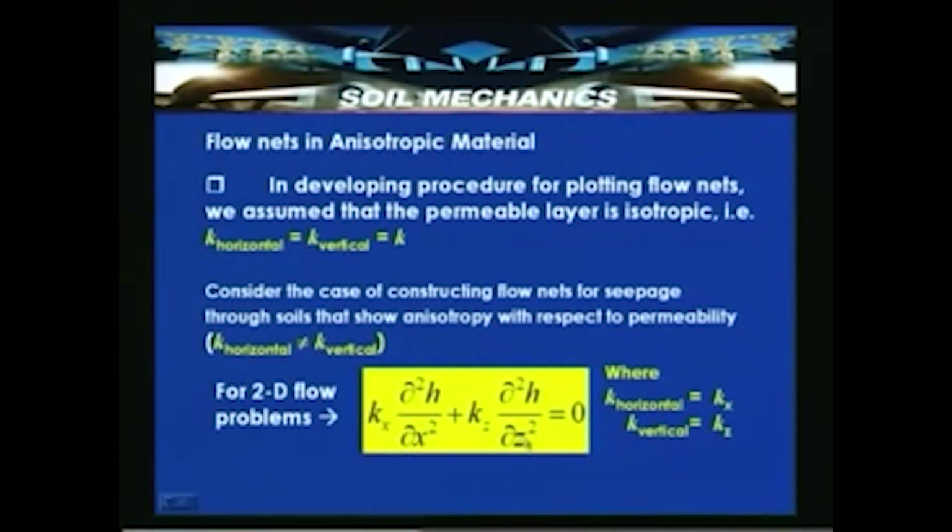In case of isotropic problems, what we said is that Kx is equal to Kz is equal to K, and K not being equal to 0, dou square h by dou x square plus dou square h by dou z square is equal to 0 is the Laplace equation for a two-dimensional problem. But in case of anisotropy as far as permeability is concerned, Kx into dou square h by dou x square plus Kz into dou square h by dou z square is equal to 0 is the Laplace equation.